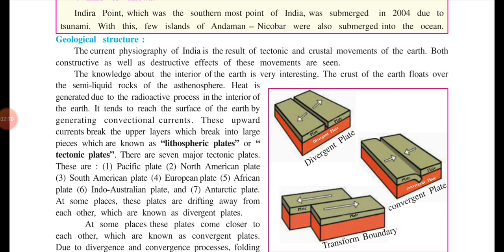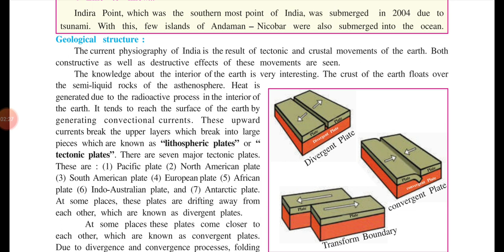The knowledge about the interior of the earth is very interesting. The crust of the earth floats over the semi-liquid rocks of the asthenosphere, means the upper layer of earth's mantle. Heat is generated due to the radioactive process in the interior of the earth.